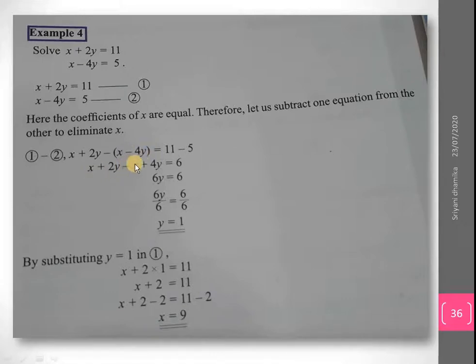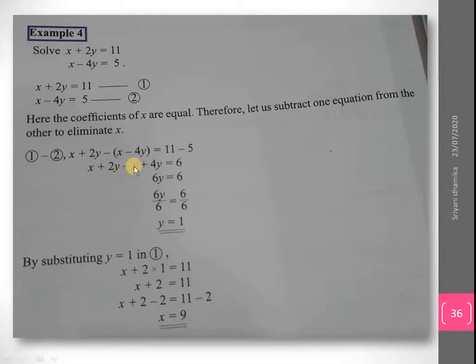Now remove this bracket: x plus 2y does not change, and multiply the terms by negative 1, so negative 1 into x is negative x, negative negative is positive, positive 4y equal 11 minus 5 is 6.